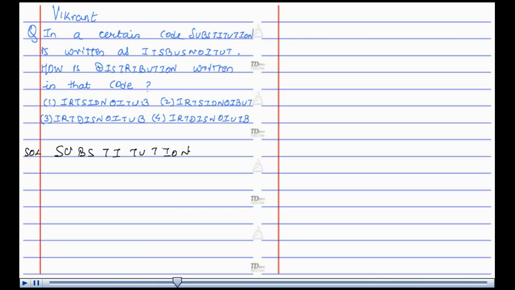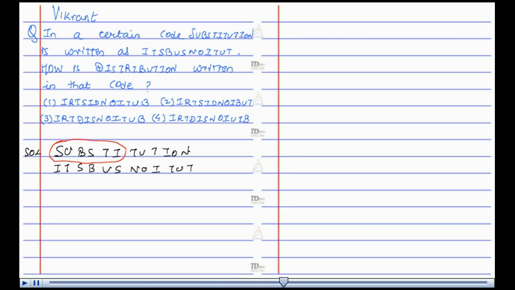So it is coded as ITSBUSNOITUT. So this particular coding is done with the logic that the first 6 letters of the beginning, that is SUBSTI, are reversed. That is, this is the order which is reversed in the beginning, that is ITSBUS.